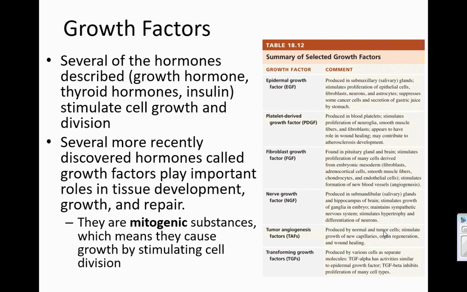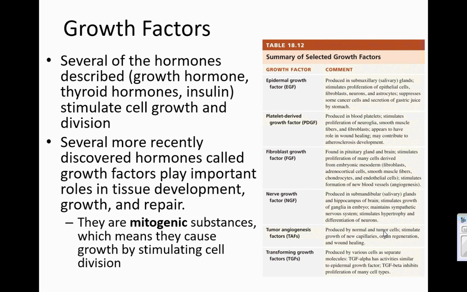The last set of hormones are similar to the hormones we talked about previously, growth hormone, thyroid hormone, and insulin, in that they stimulate cell growth and division. We call these hormones growth factors. You can see those in the table over there, all have growth factor attached to their name, which is important because they help cells divide or grow, but also for tissue development and repair of damaged tissues.